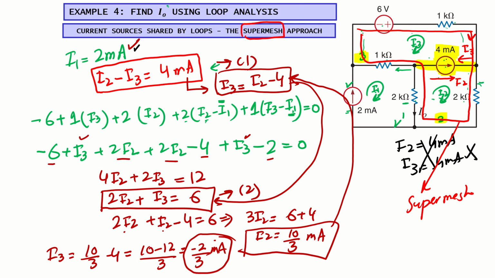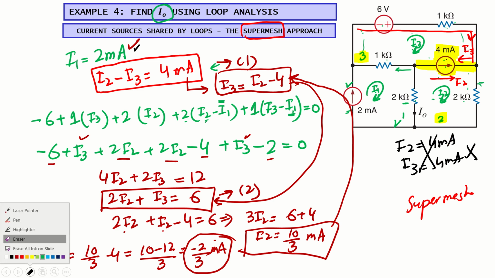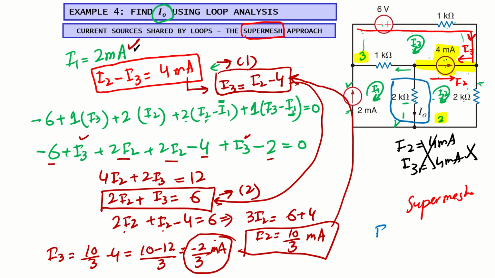So what was the question here? The question was to find I naught. I naught is the current flowing through this 2 kilo ohm resistive branch here. Yeah, this is I naught. How can we write that? Which value is bigger here? I1 is bigger, right? And the direction of current is downwards.